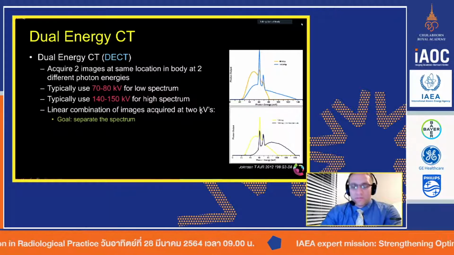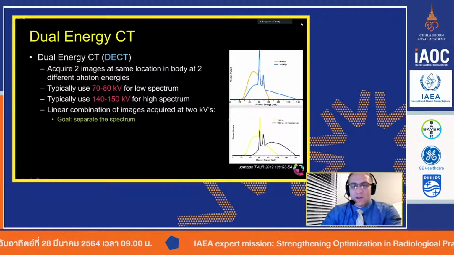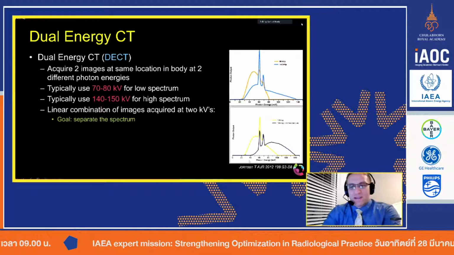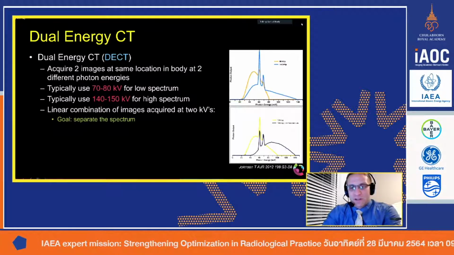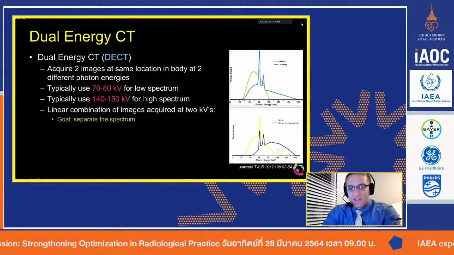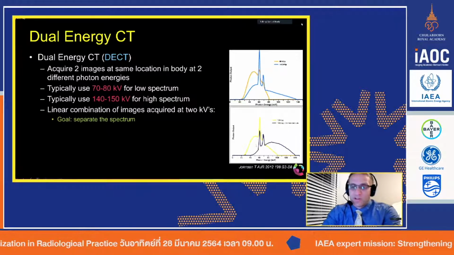The main goal of dual energy CT, by imaging at a low and a high kV, is that we're trying to separate these two spectrums as much as possible. So you want the high kV to have predominantly high energies and few low energies, and conversely, the low kV to have more low energies and few high energies.